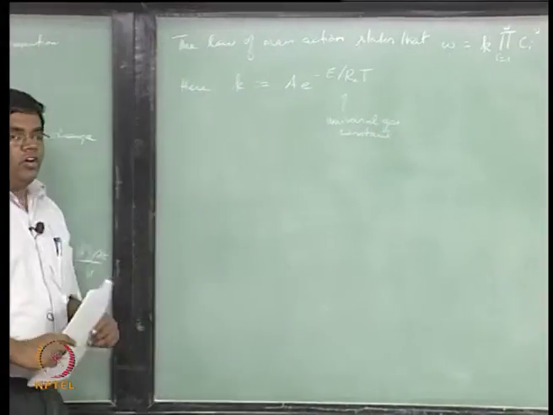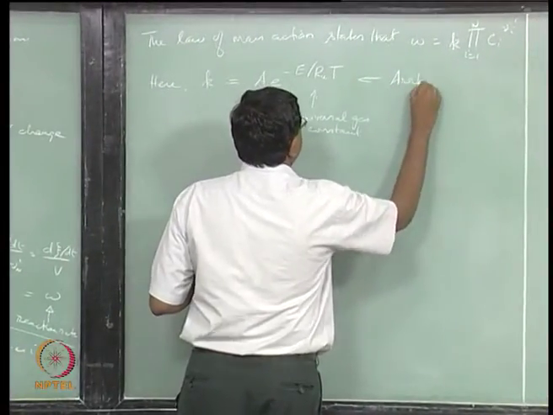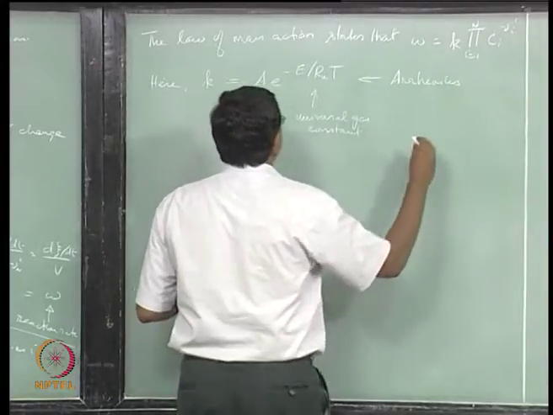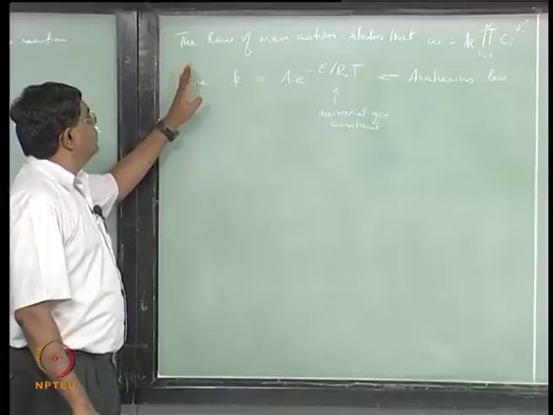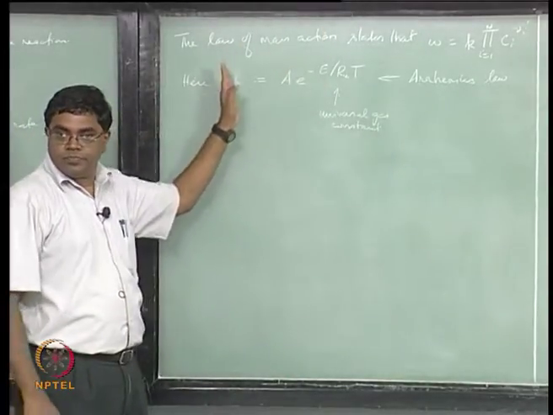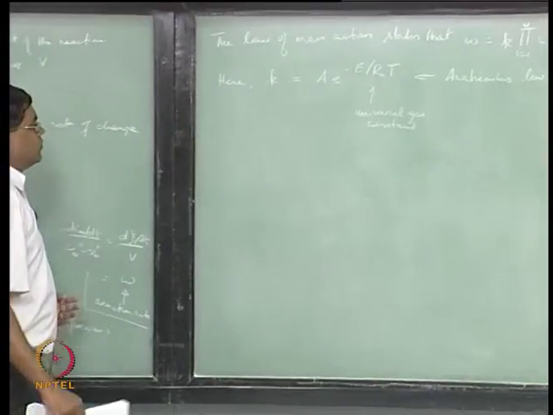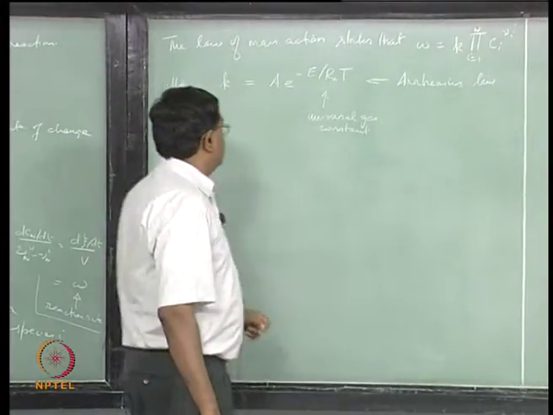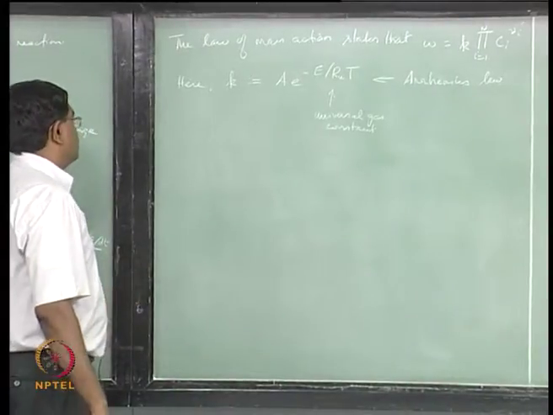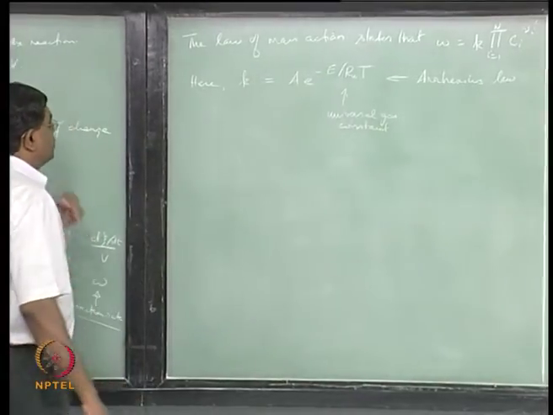This is what is called the Arrhenius law, which essentially gives you the temperature dependence of the rate constant, also called the specific reaction rate. It is essentially the reaction rate for unity concentrations of the reactants, which is why it's called specific reaction rate. It's also called the rate constant, but it's not really a constant, it depends on the temperature. The Arrhenius law gives you that temperature dependence.